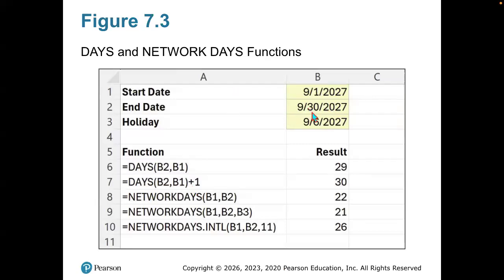If I don't, then it's 1 day short. If I want to say now the network days, so Monday through Friday by default, I can just do that here. If I want to get rid of a specific holiday, I include a third parameter. And if I want to switch what days are counted as network days, then I use the international INTL to switch the third parameter instead of being 1 day only to be a series of days.